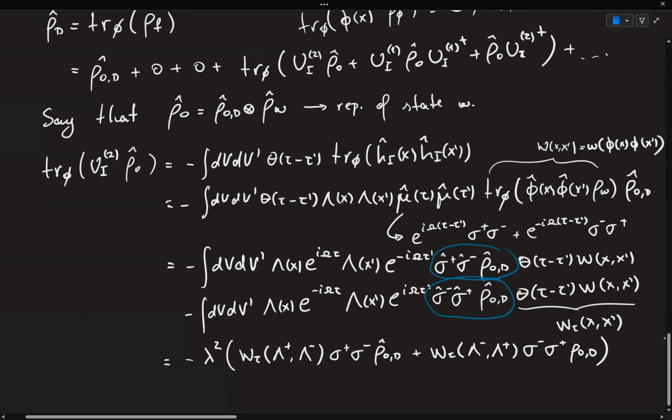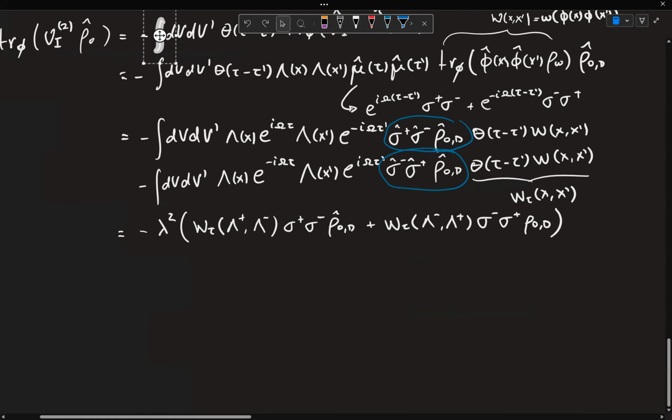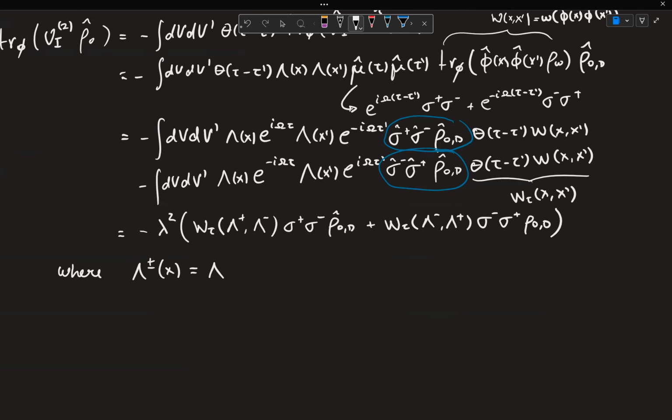Okay, so the functions, I'm having some time scrolling down. Yeah, there. So the function is lambda plus or minus, where lambda plus or minus of x is lambda of x e to the plus or minus I omega tau.